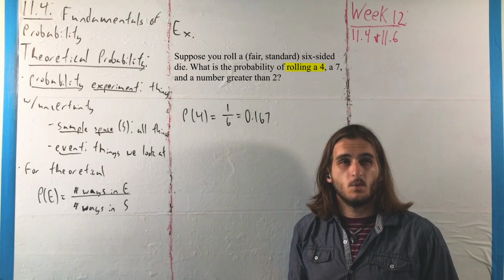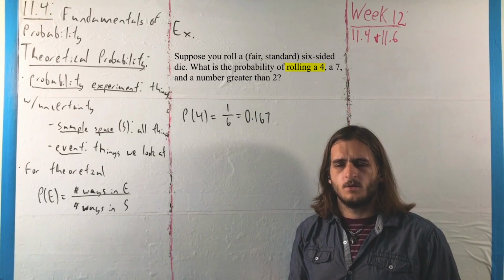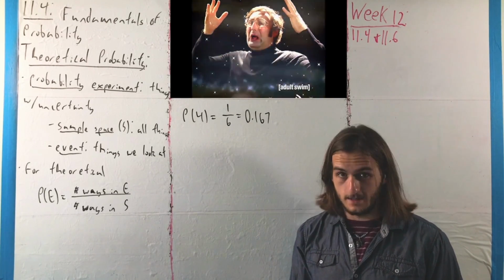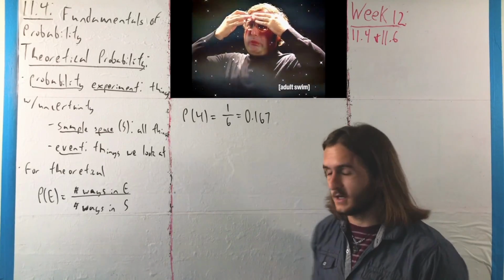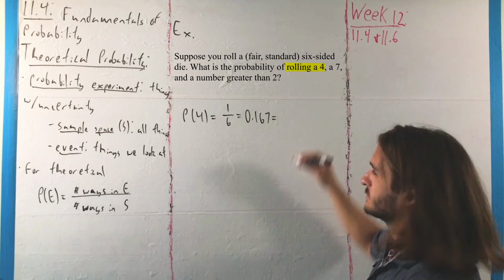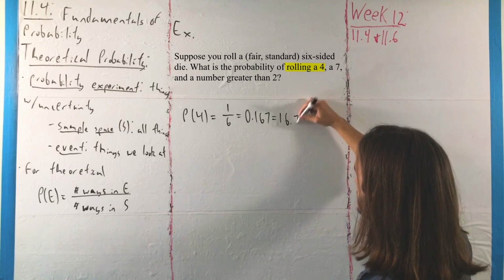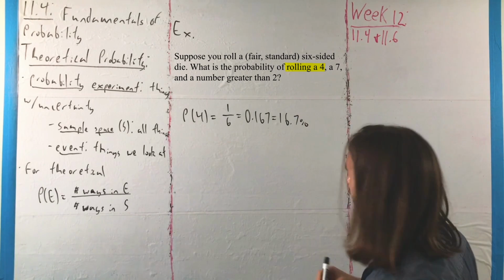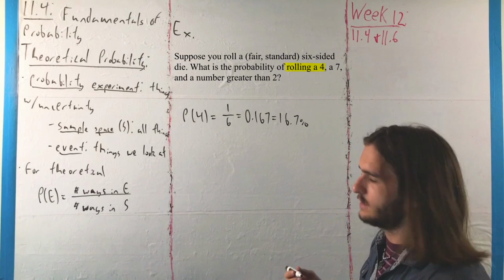That'd be more than what is possible, which is a little bit hard to comprehend. So we're going to stick to the stuff that can actually happen here. And then if we want to write this as a percent, because sometimes we like writing these things as percents, we could put that in as 16.7% and have the same value meaningfully.